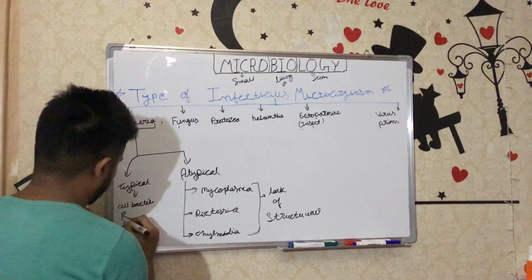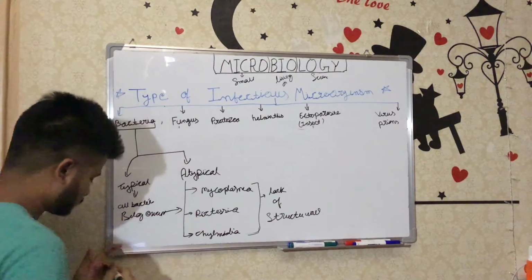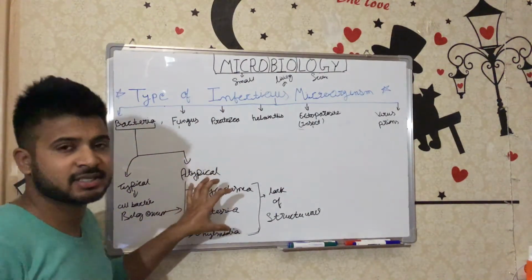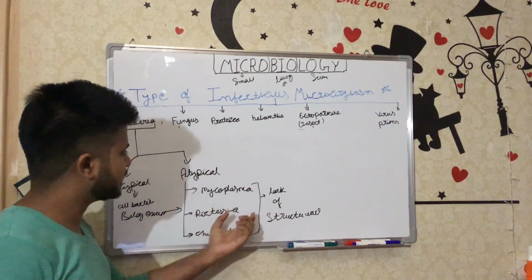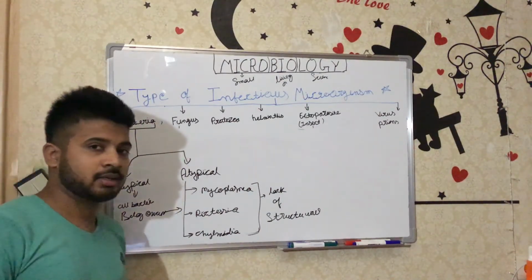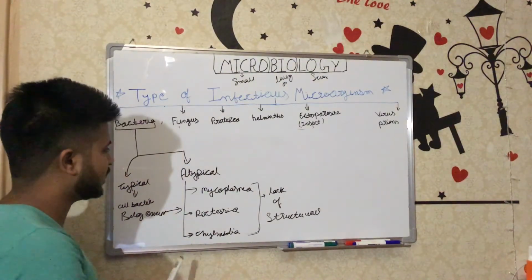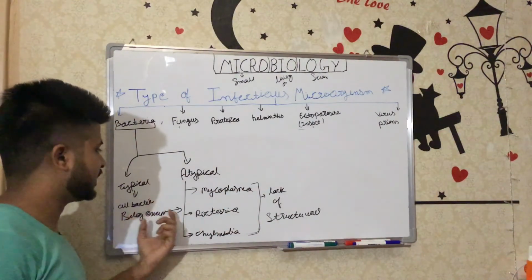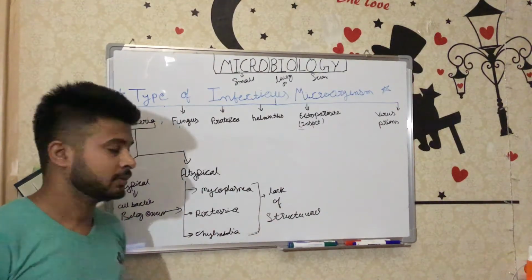So mycoplasma, rickettsia, and chlamydia are genera, and a lot of bacteria belong to these three genera. They lack the original structural wall, which is made of peptidoglycan. We will discuss the structural wall later. This wall is not fully developed like in typical bacteria. That's why these three are exceptions and belong to the atypical, due to the lack of the structural wall.